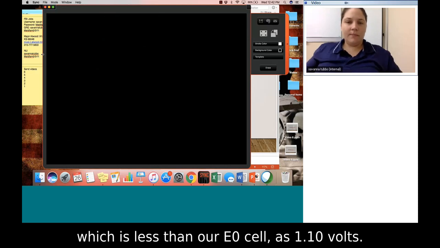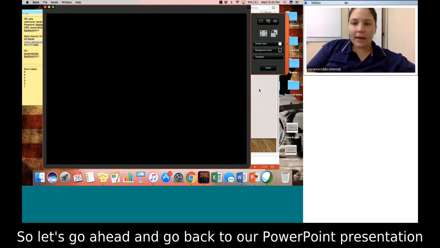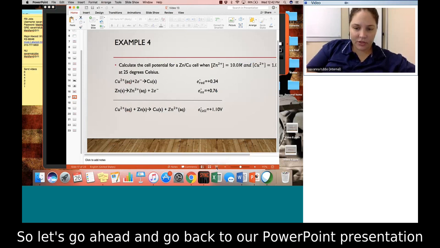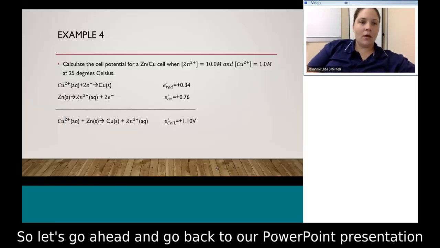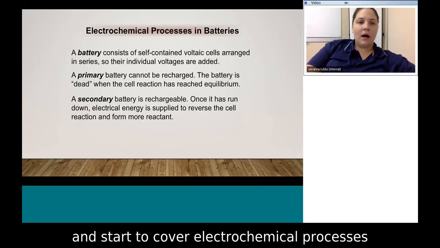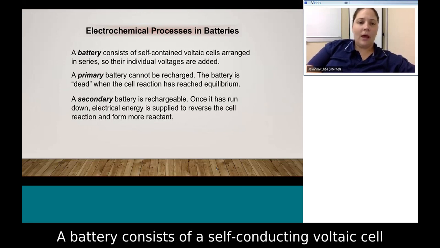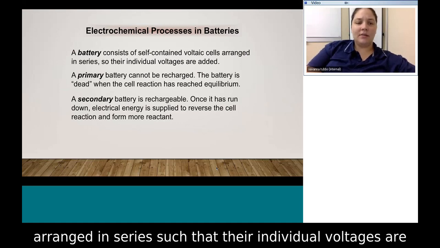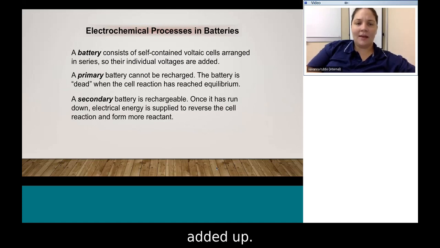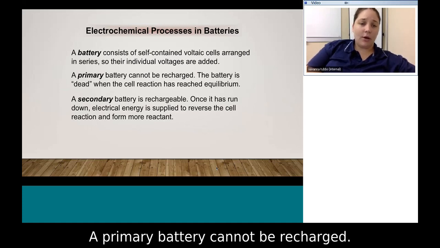All right. So let's go ahead and go back to our PowerPoint presentation and start to cover electrochemical processes in batteries. A battery consists of a self-conducting voltaic cell arranged in series so that their individual voltages are added up. A primary battery cannot be recharged.